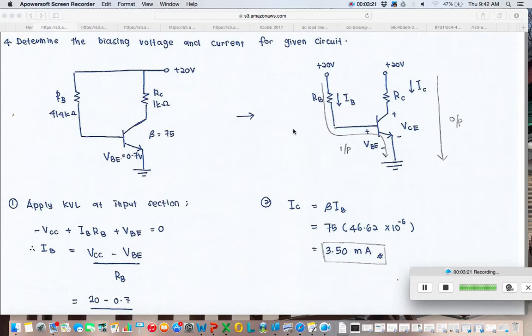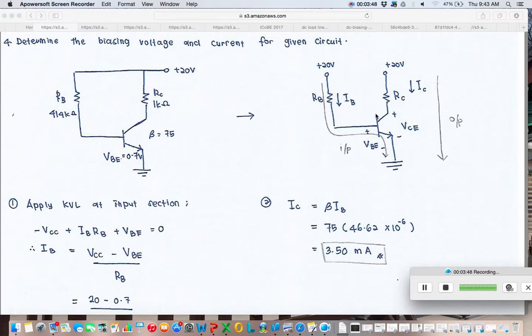So if you redraw it, the latest drawing for the circuit is plus VCC connected to RB and another plus VCC connected to RC. You can split the connection between the power supply and RB as well as RC.